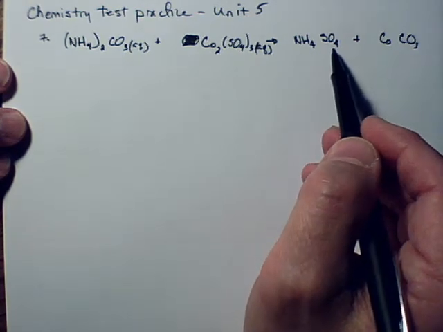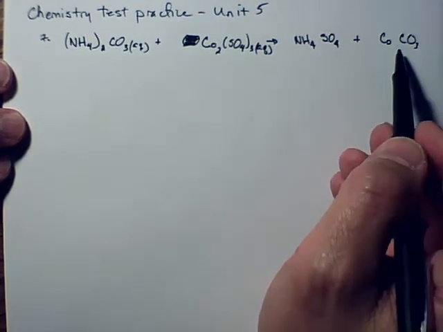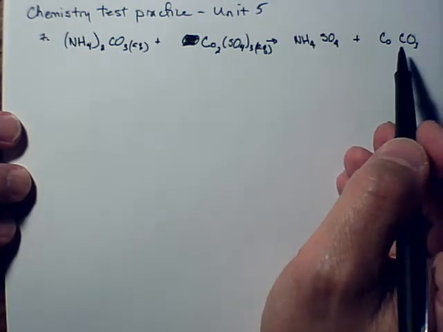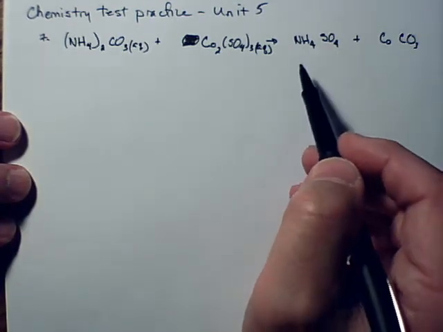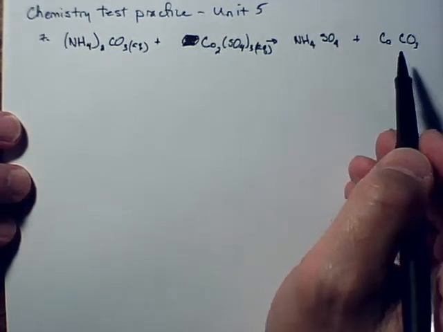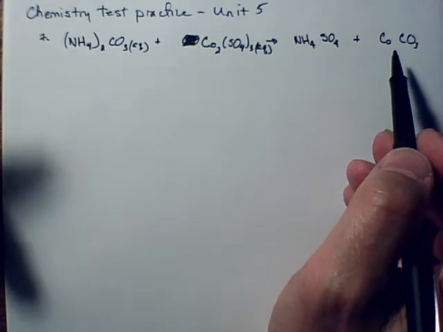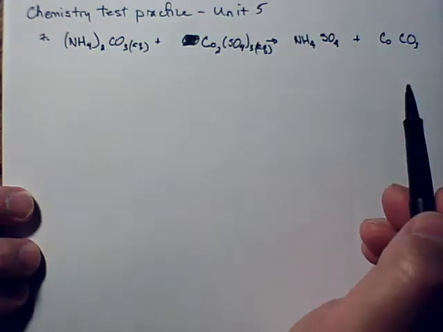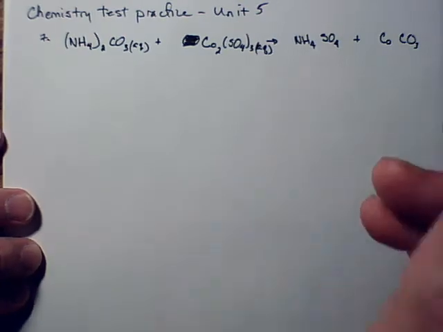Water is going to be liquid. If you form water, that's a driving force, but there's no water here. You can form a gas, but the only thing that makes a gas is carbonic acid, and you don't have that here. So the only driving force that remains is a solid, and so for that we've got to figure out whether this or this is going to be a solid when we're done.